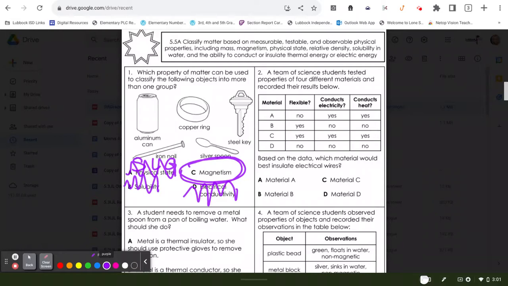Okay, so we don't need to know about conducting heat. The flexibility, that's going to actually help because we're talking about wires. Wires often need to bend. So let's see. If it conducts electrical energy, that's not going to insulate it well.